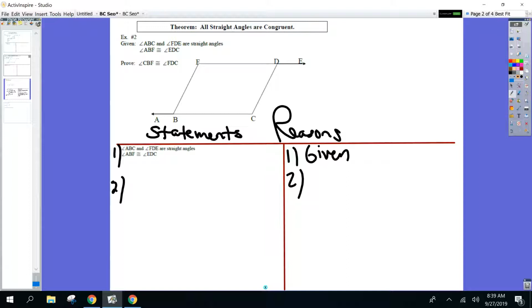Make sure when you're marking the angles congruent, those are the angles on the outside of the diagram, ABF congruent to CD, EDC.